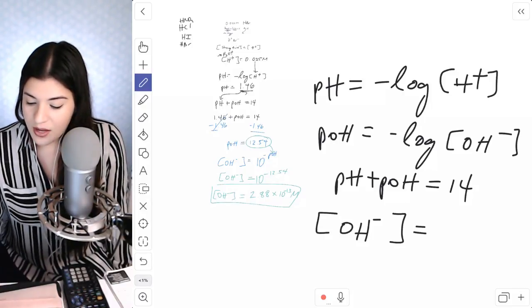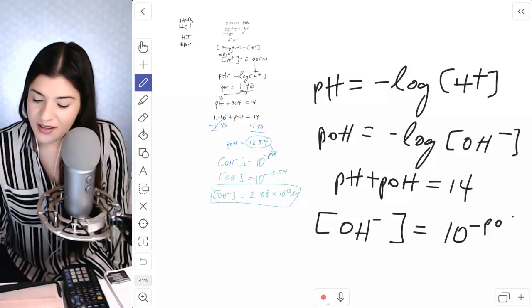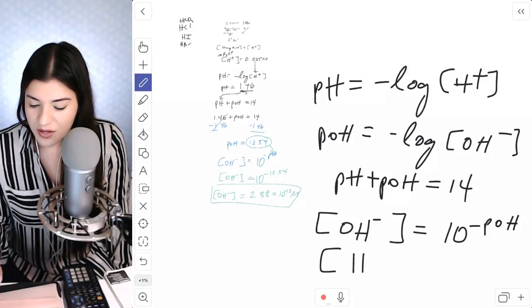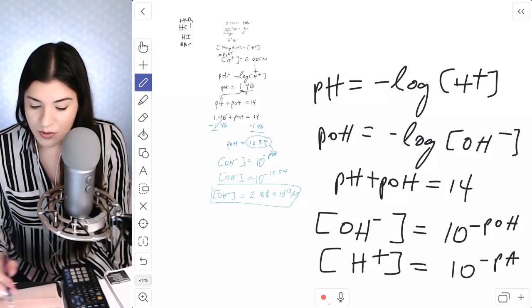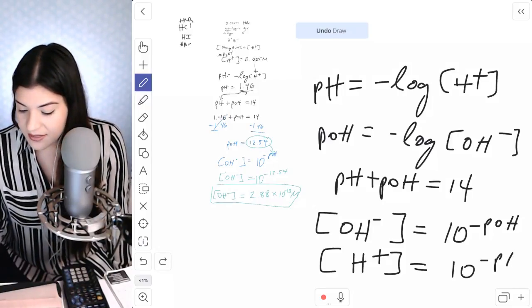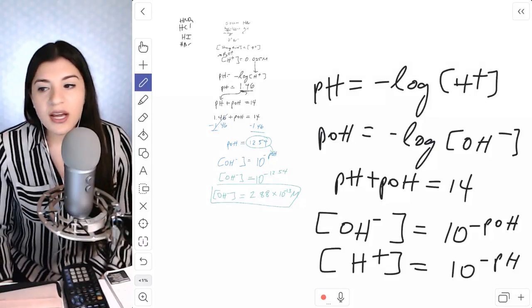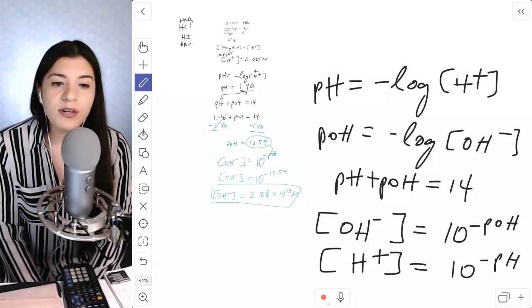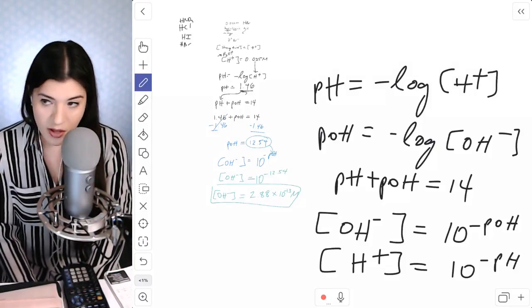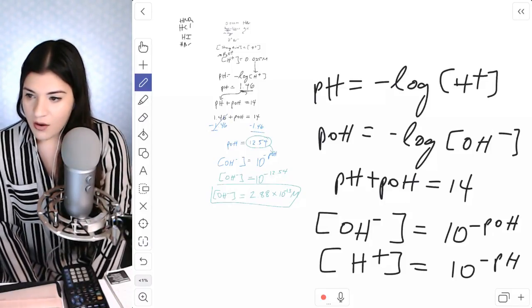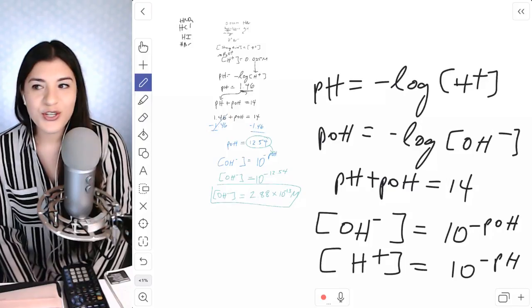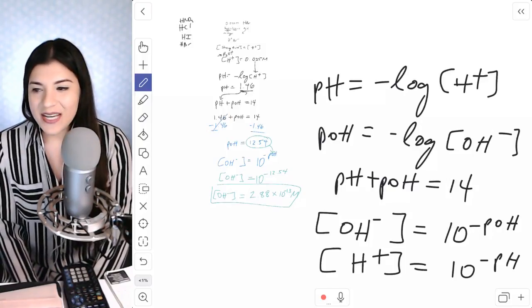OH minus is equal to 10 to the negative pOH, and the last formula is H plus is equal to 10 to the negative pH. You would use that formula in the case that they gave you your pH and asked you to work your way backwards and figure out the concentration of H plus. Okay, so that is pretty much everything for pH that I can possibly see them throw in this type of class.